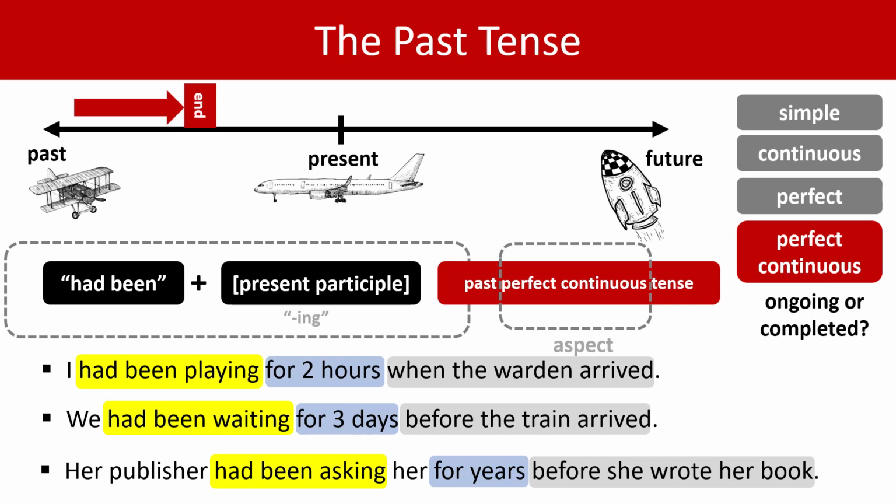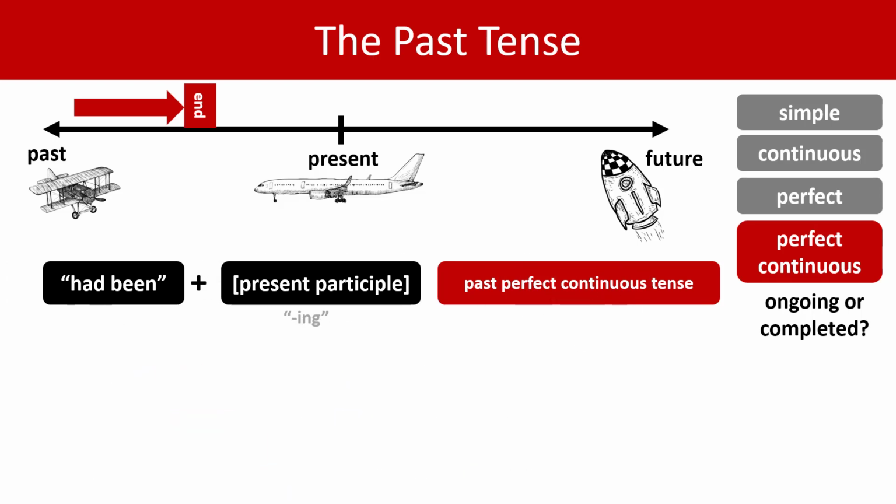So in blue, we have how long the activity had been going for, and in grey, we have the second activity that then happened. This is a common structure for the past perfect continuous tense. Let's clear the examples. The past perfect continuous tense is used to show that an ongoing action in the past has ended.